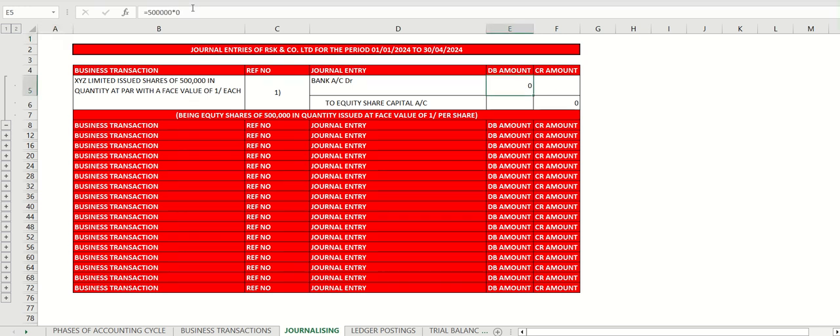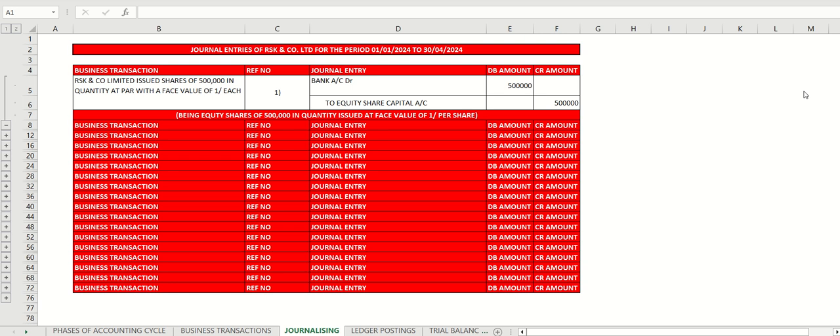So my entry would be bank account debit to equity share capital account. So the entry would be bank account debit to equity share capital account.